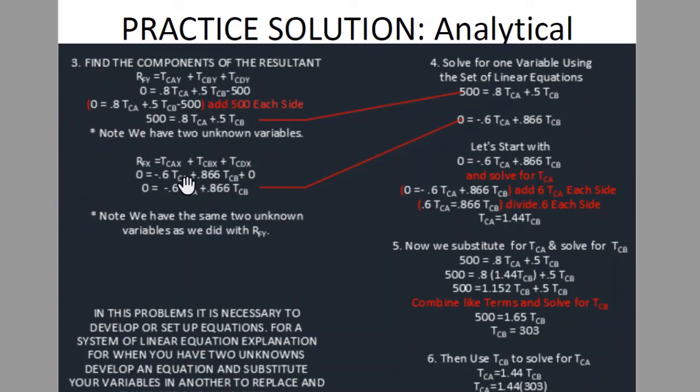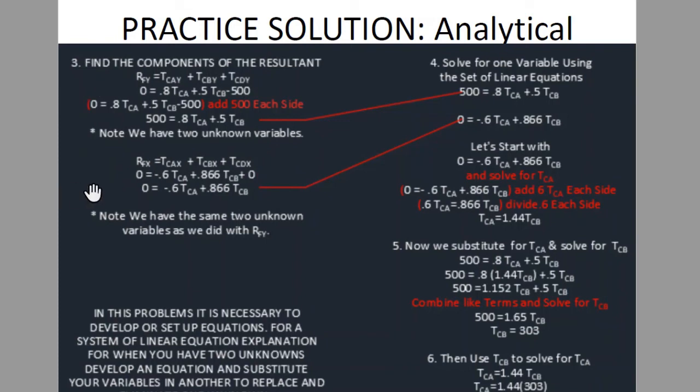Then let's look at the X components. We will find that the resultant X component is equal to the sum of all the force components. And therefore we have negative 0.6 TCA plus 0.866 TCB plus 0.